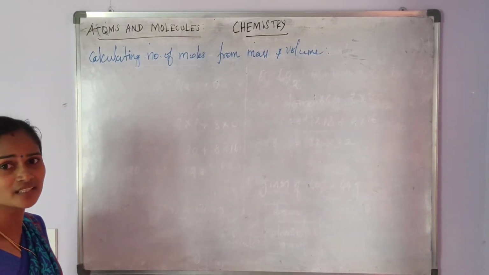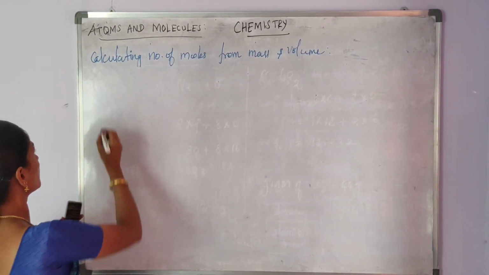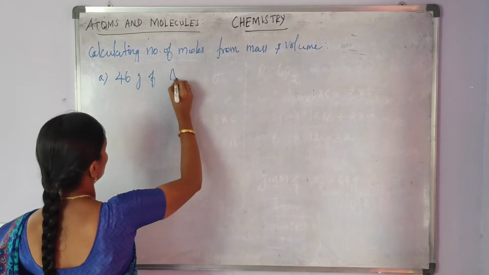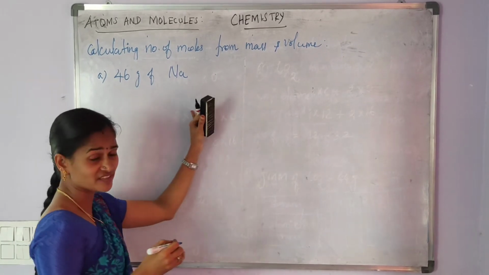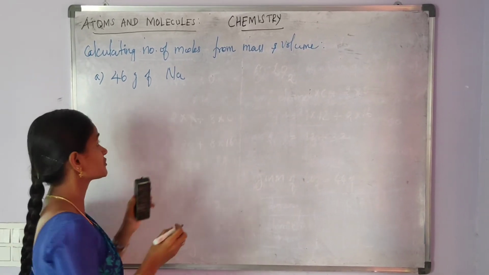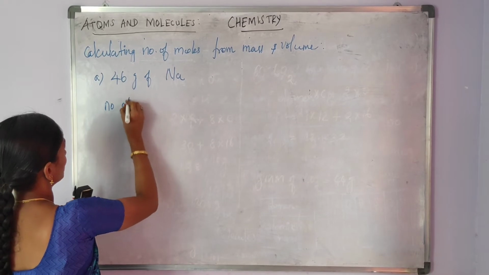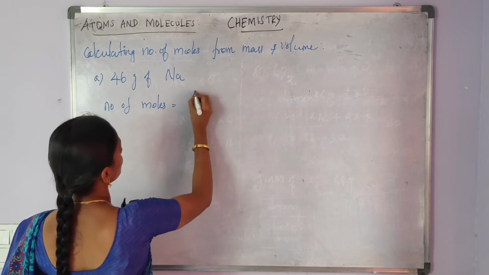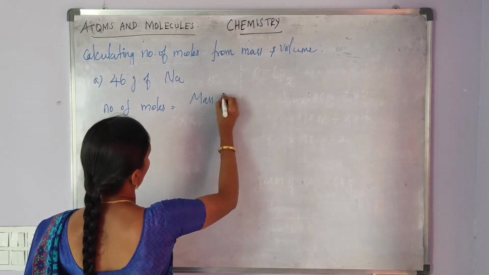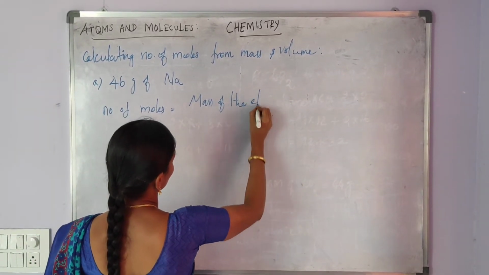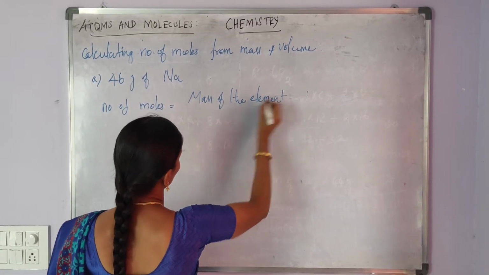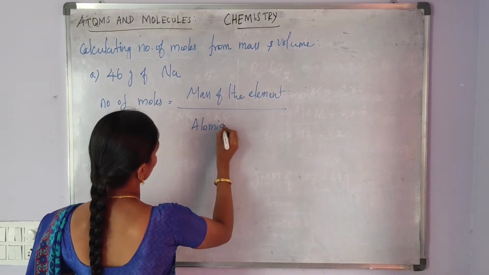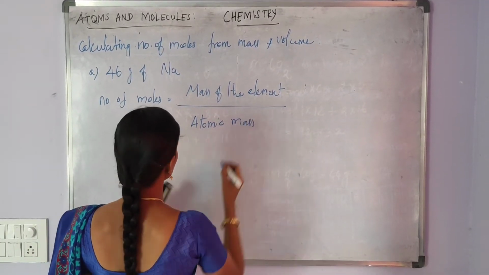Now, calculating the number of moles from mass and volume. The first one is 46 gram of sodium. Finding the number of moles present in 46 gram of the sodium. The formula: number of moles is equal to mass of the element, that is the given mass of the sodium, divided by atomic mass.